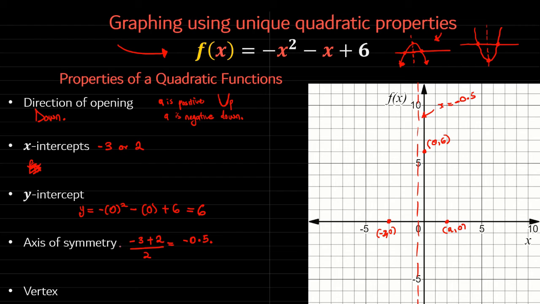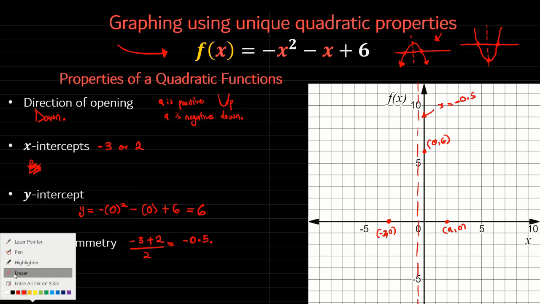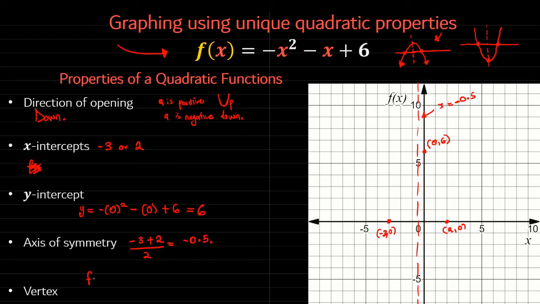So if I plug negative 0.5 there, I'll have to pull out a calculator for this. I would have f of negative 0.5 equal to negative 0.5 squared minus negative, hold on, there should be a minus sign here also.